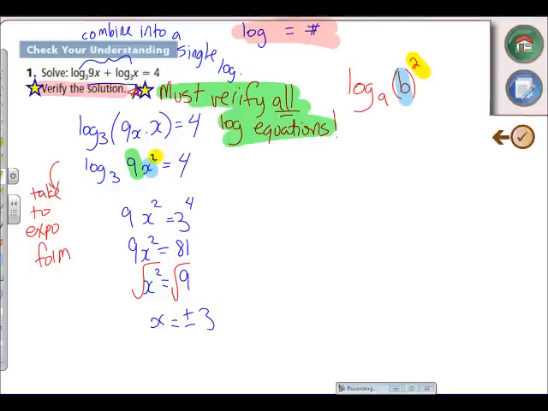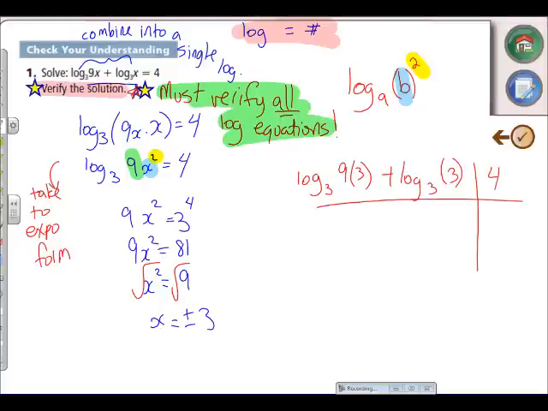So let's verify. We got positive and we've got negative 3. Let's try positive 3. So that means log base 3 of 9 times 3 plus log base 3 of 3. Does that equal 4?